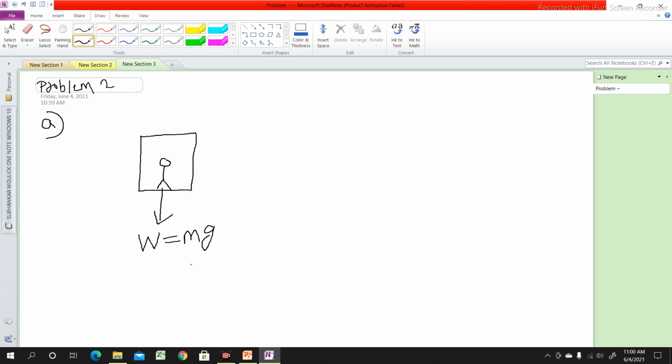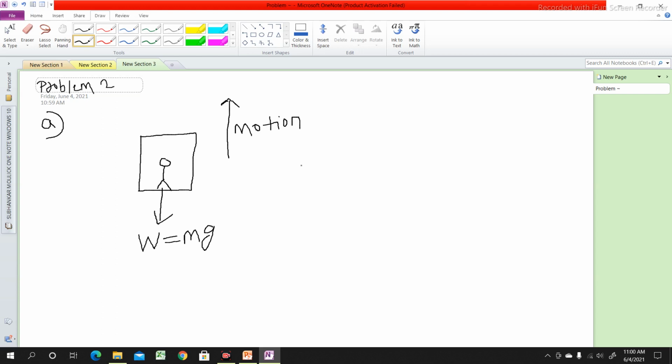That means in the first part of the problem, the lift is moving upward. This is the direction of motion of the lift. The lift is moving vertically upward.